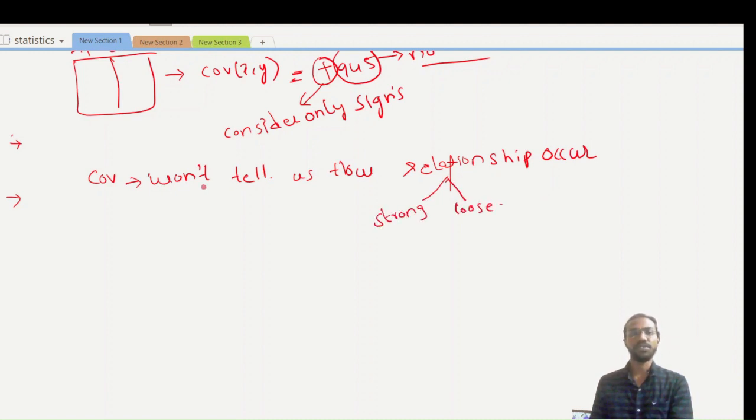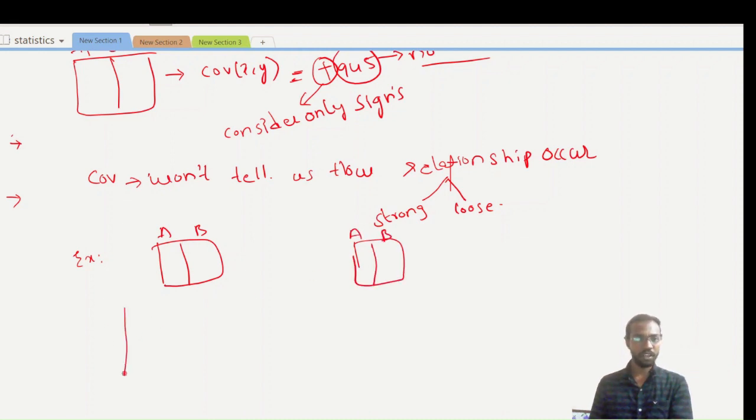I will take an example for better understanding. I have a data set with columns a comma b, and another data set with columns a comma b. Now I want to plot a scatter plot for this data, and it looks something like this.